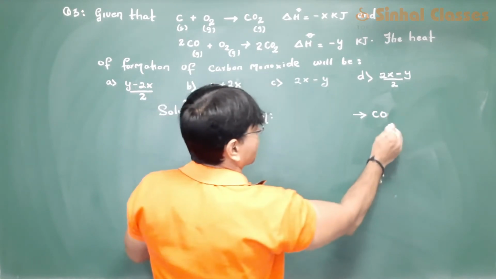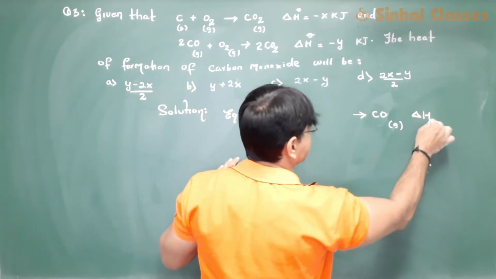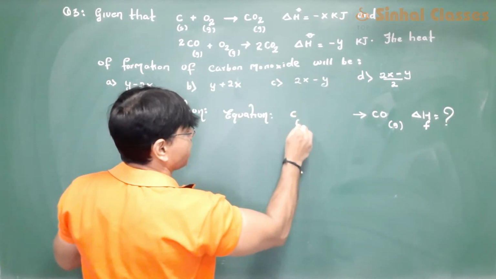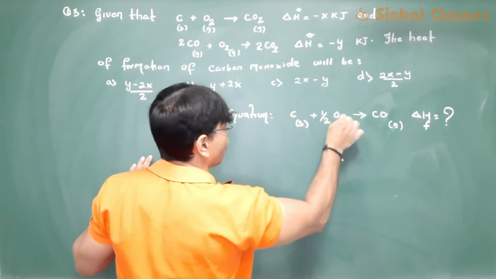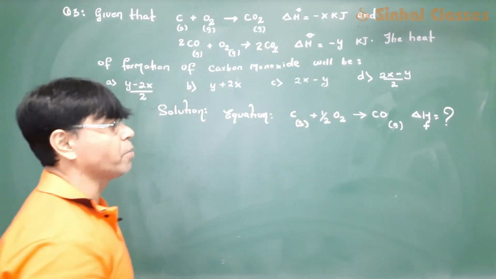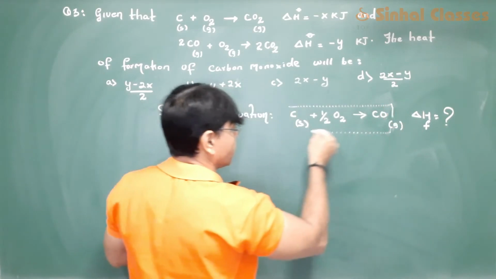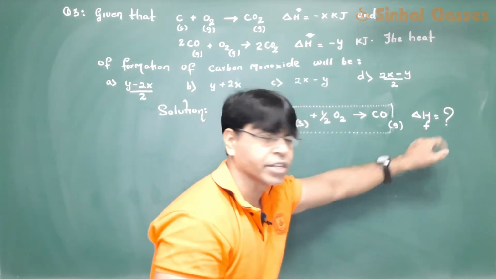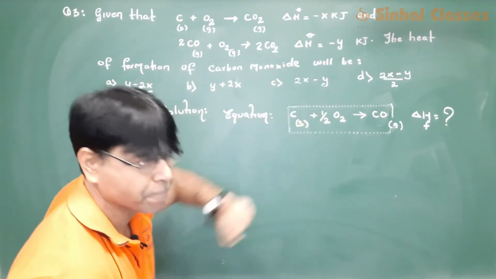You wanted delta H formation for carbon monoxide, which is obtained by reacting carbon plus half oxygen, giving you carbon monoxide. So this is your required equation. For this required equation, you wanted delta H, that is enthalpy of formation of carbon monoxide.